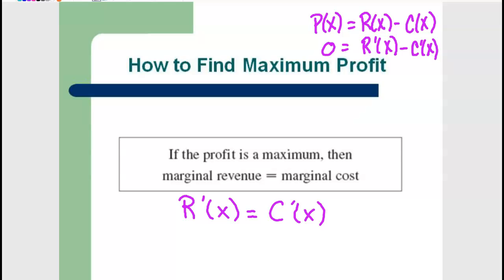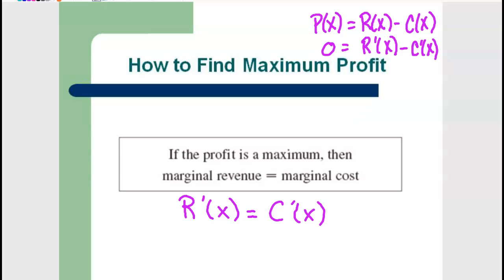So that's an example of how you find your maximum profit. Maximum profit is the point at which the derivative of revenue equals the derivative of cost. Max profit is when marginal revenue equals marginal cost. That should make sense, right?